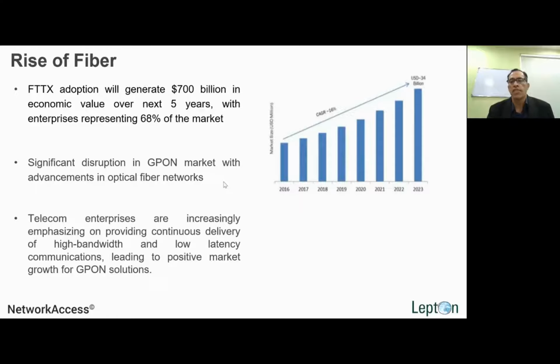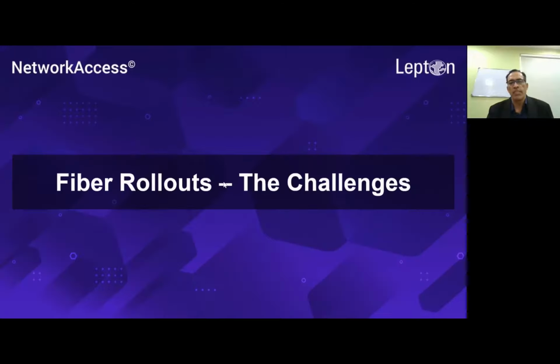The significant disruption in the GPON is going to continue with the advancement in the optical fiber networks. And the telcos are going to emphasize more and more on high bandwidth and low latency, leading to positive growth in the GPON solutions. So with that, I'll hand it over to my colleague Shemendra to talk about fiber rollout challenges.